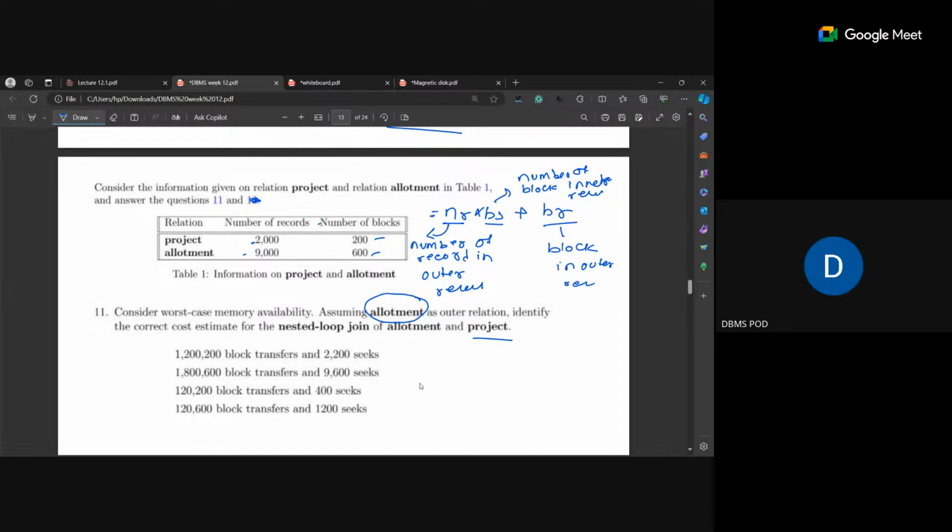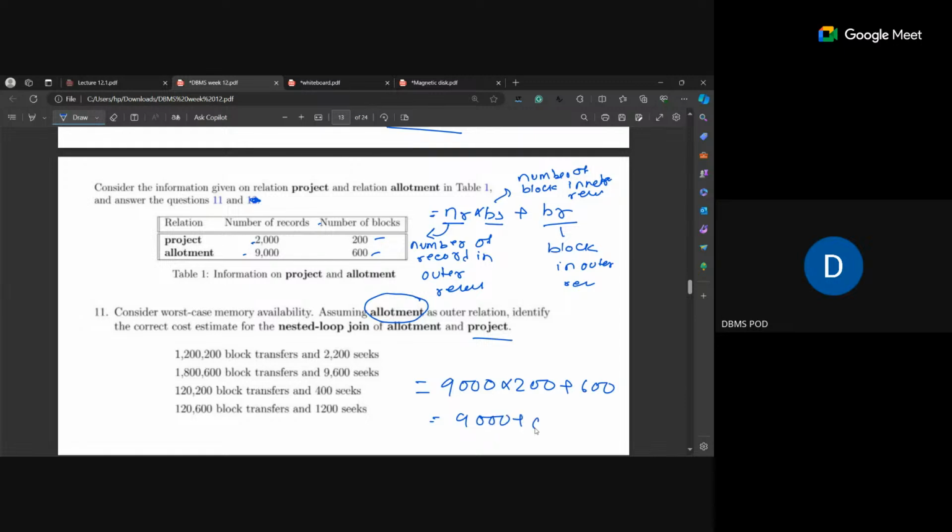Allotment is the outer relation. What is the NR? 9,000. And what is the BS? 200. And what is the BR? 600.